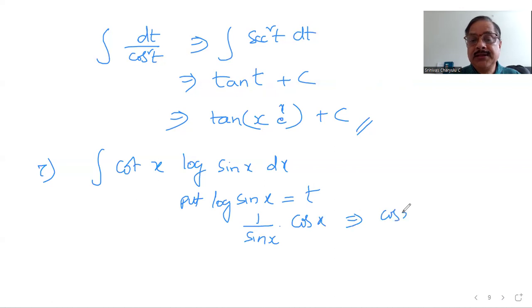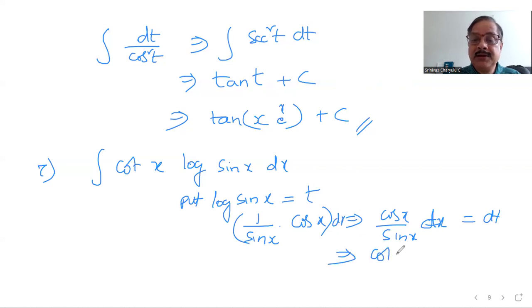So cos x by sin x dx is equal to dt. Cot x dx will become now dt because cos x by sin x is called cot x. So in the numerator we are having cot x dx, that can be replaced by dt. Log sin x itself is t.